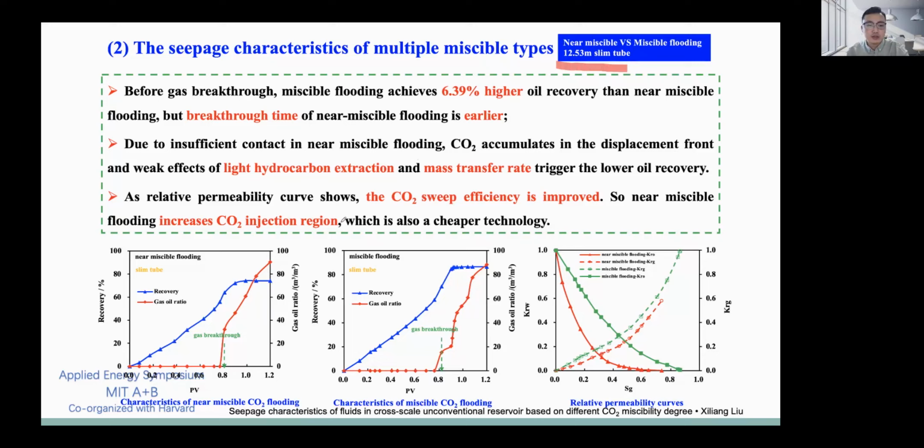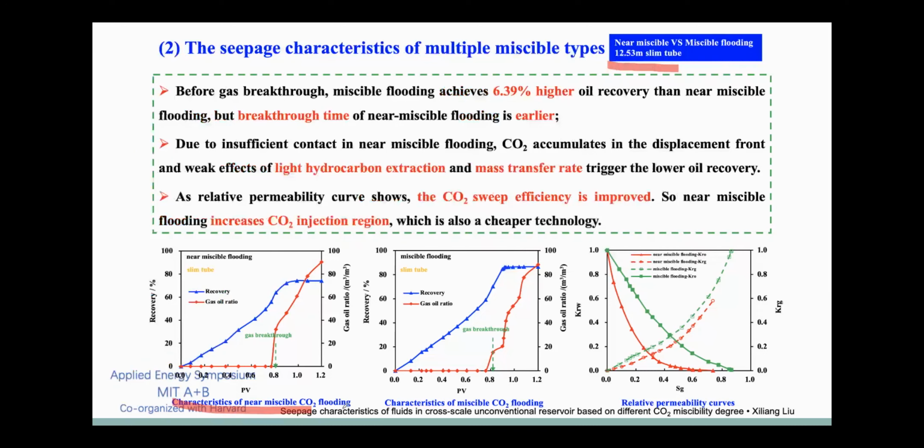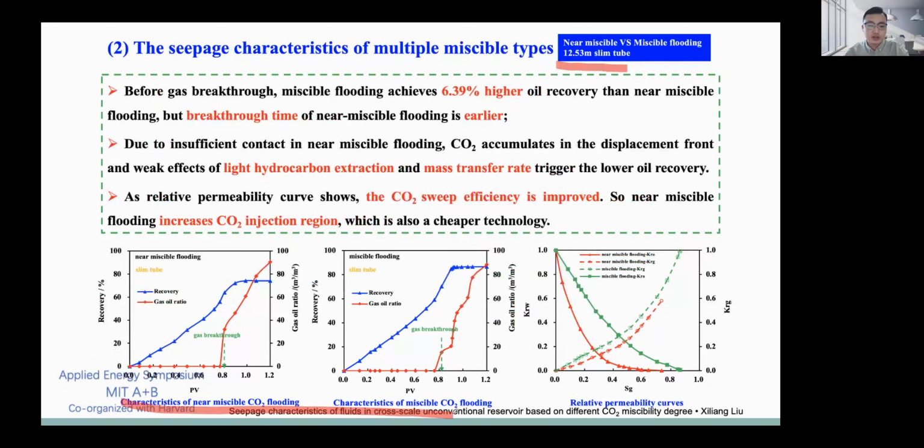But the breakthrough time of near-miscible flooding is earlier. Due to insufficient contact in near-miscible flooding, CO2 accumulates in the displacement front, and weak effects of light hydrocarbon extraction and mass transfer rate trigger the lower oil recovery.